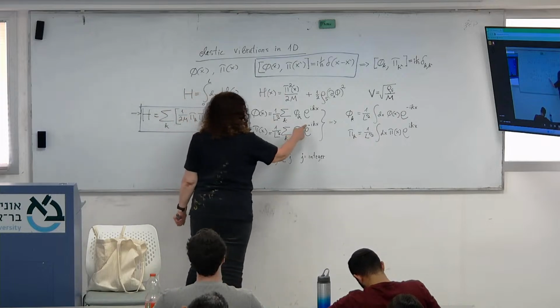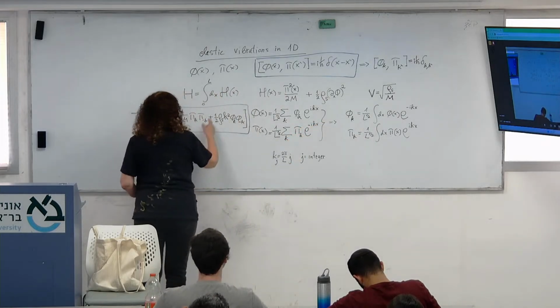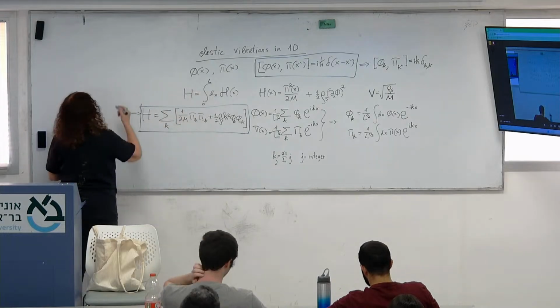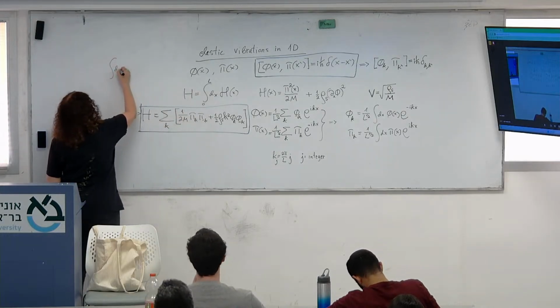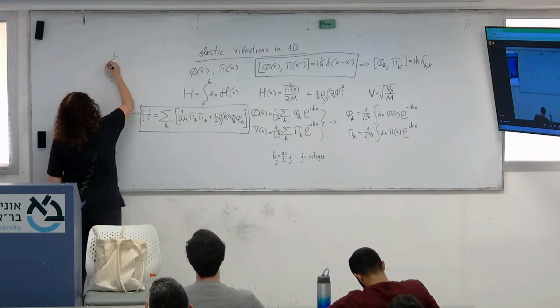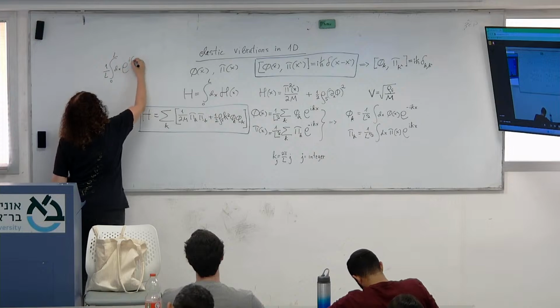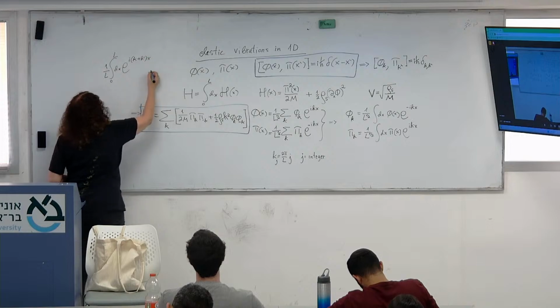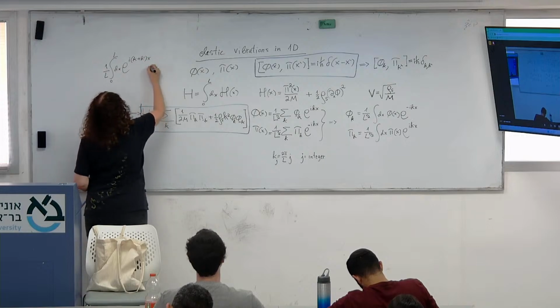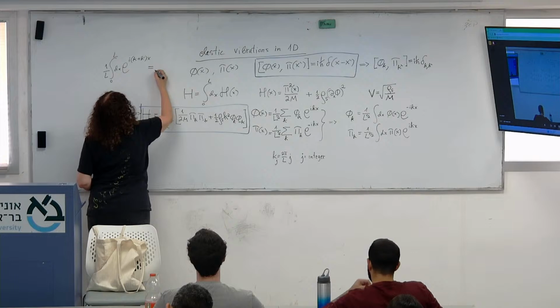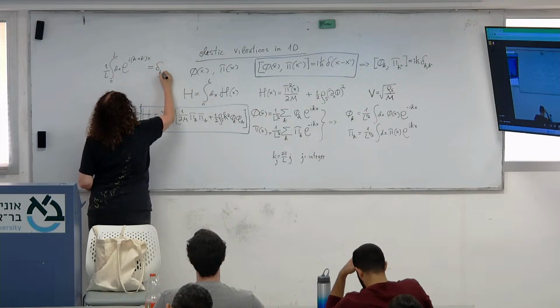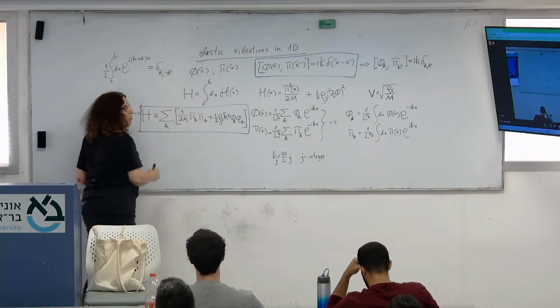But then you have these exponents, and after integration over x, I'm basically using the fact that the integral of e to the plus or minus, doesn't matter, k plus k prime x, this gives you delta of k minus k.